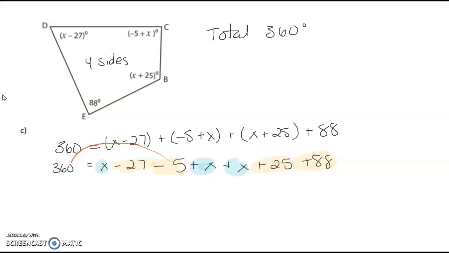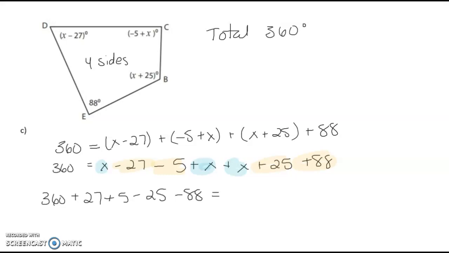This negative will turn positive. So let's start filling these in. So it's going to be 360. Oopsie, that's not what I wanted. 360 plus 27 plus 5. Remember, it's all the opposite signs. Minus 25 minus 88.